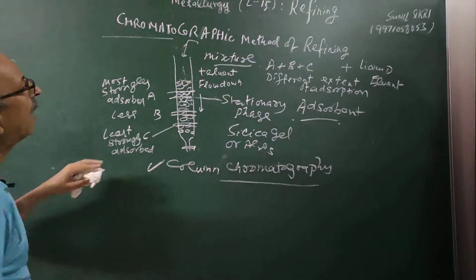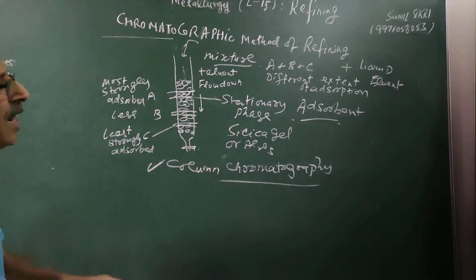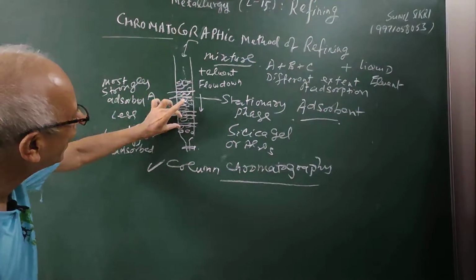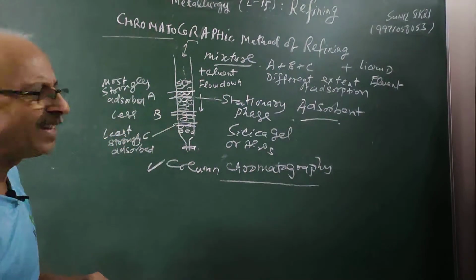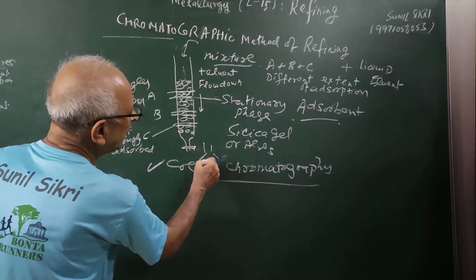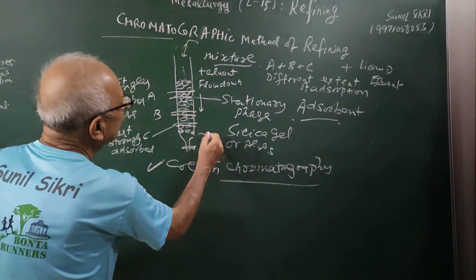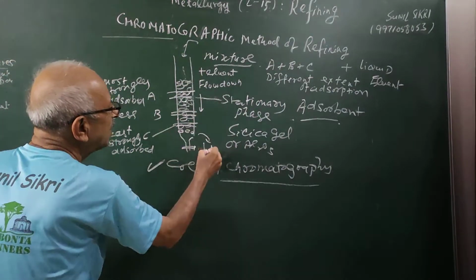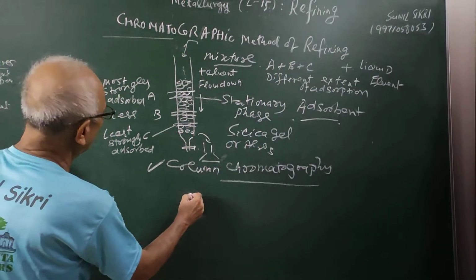So if we have three components, they form three separate bands, three separate zones in this column. Then I can bring my funnel, students, and add a liquid first. Which one will come first?